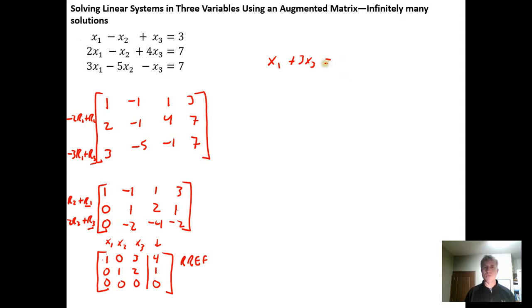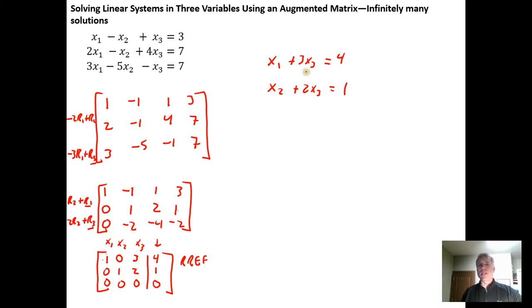So this equals 4. And then the second row, we get 1 x sub 2 plus 2 x sub 3's equals the constant of 1. And we don't get anything from row 3 because it's all zeros.